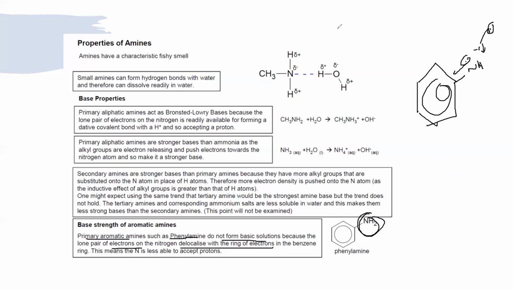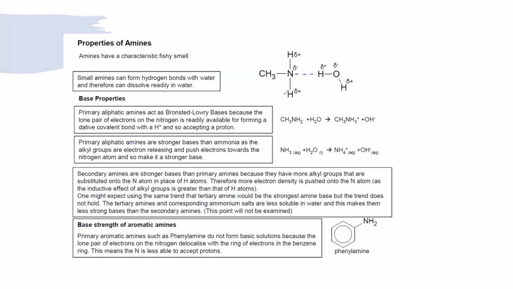So if we summarize, aliphatic amines are stronger bases than ammonia, and ammonia is a stronger base than aromatic amines.